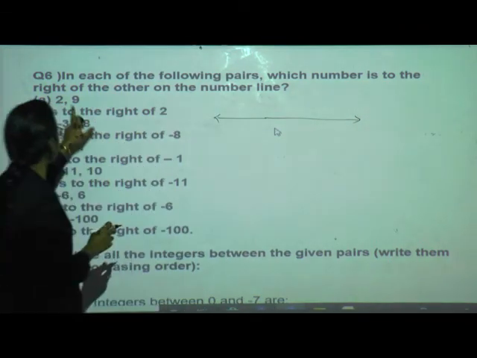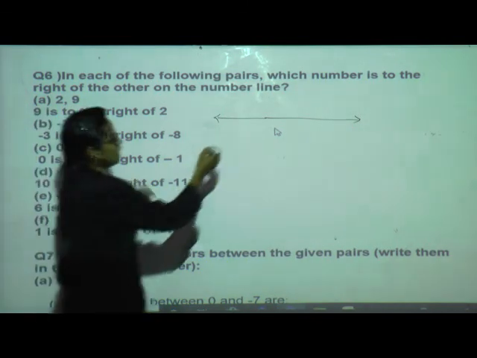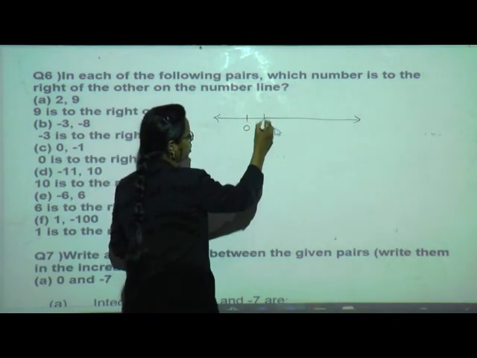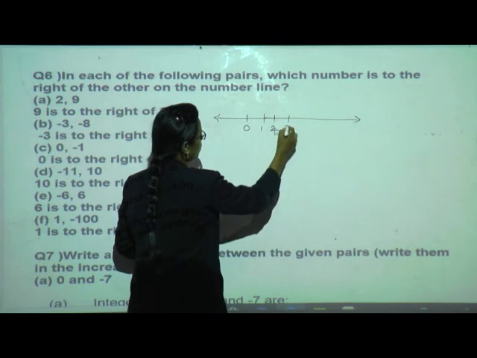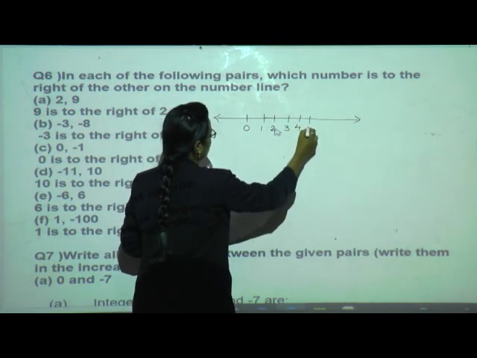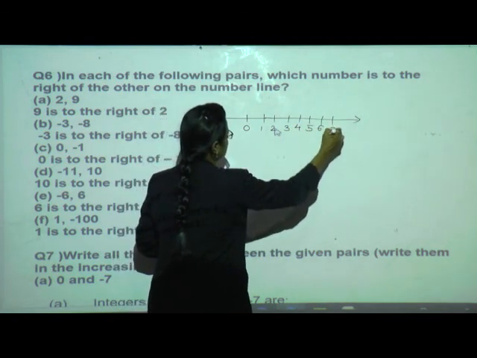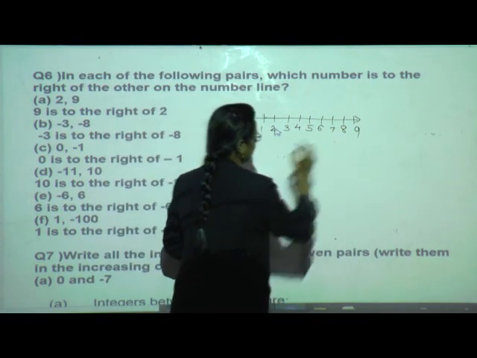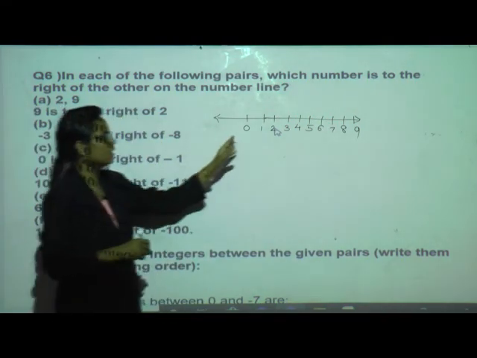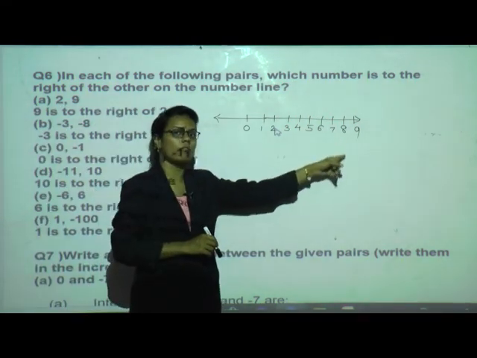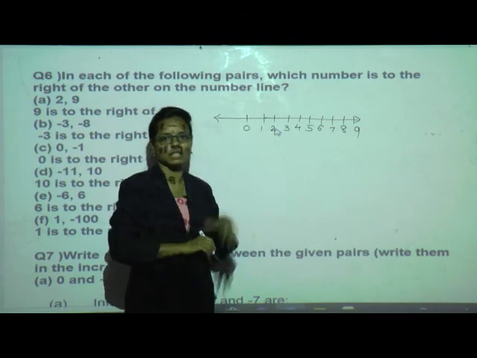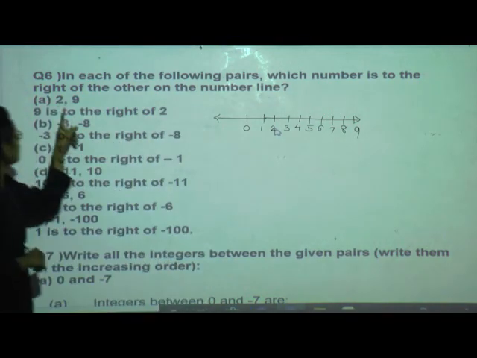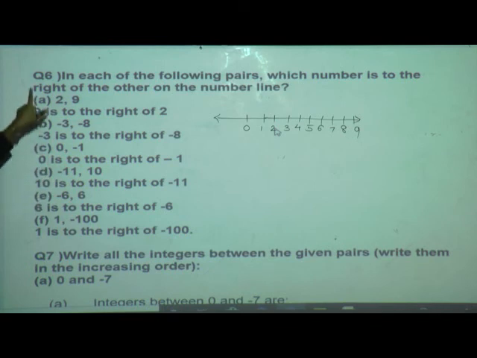Here both the numbers are positive, so let us write only the positive integers: 0, 1, 2, 3, 4, 5, 6, 7, 8 and the last is 9. Okay, so these are the numbers which are to the right side of 0, so these are positive integers. What is the question? We have to find, in each of the following pairs, which number is to the right.